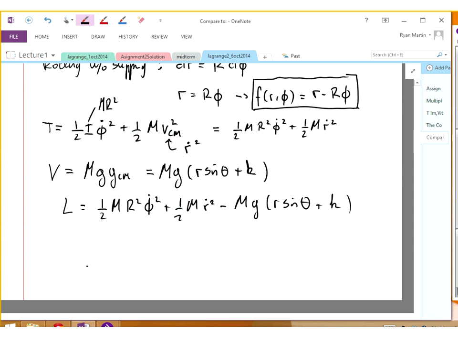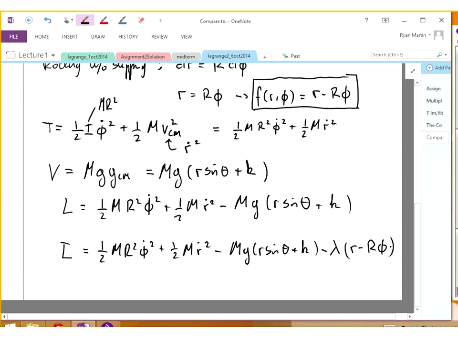So let's build our modified Lagrangian, which I'll call L bar, and so that's simply the initial Lagrangian, a half m R squared phi dot squared plus a half m little r dot squared, minus mg r sin theta plus k, and then minus lambda times our function f, which was just given by little r minus big R times phi.